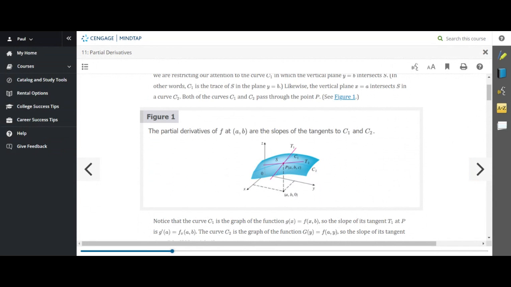In figure 1, that first tangent line to the surface points or goes in the direction of what axis? The x-axis or the y-axis? The T sub 1. It goes in the direction of the x-axis.